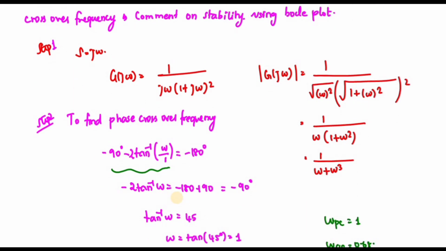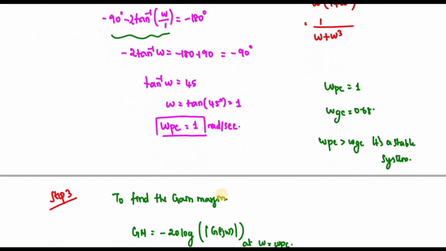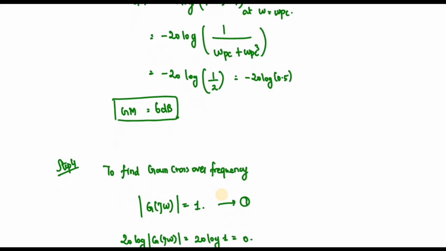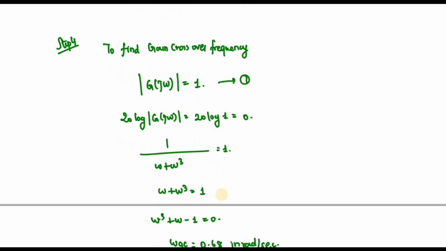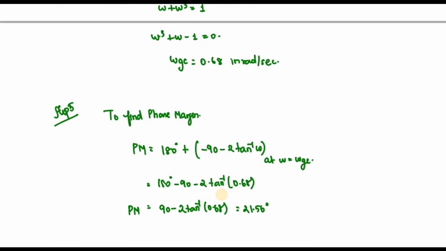The phase crossover frequency is omega pc = 1 radian per second, and I calculated the gain margin, that is 6 dB, the gain crossover frequency omega gc = 0.68, and the phase margin value is 21.56, which we have already discussed with the help of a calculator or manual calculation. We have solved the same thing. Now we have to solve it with the help of a Bode plot.